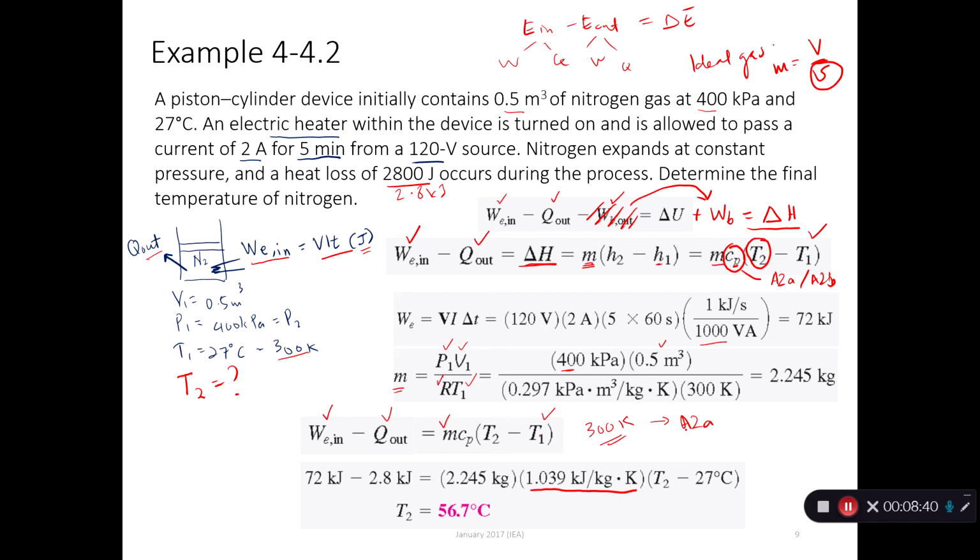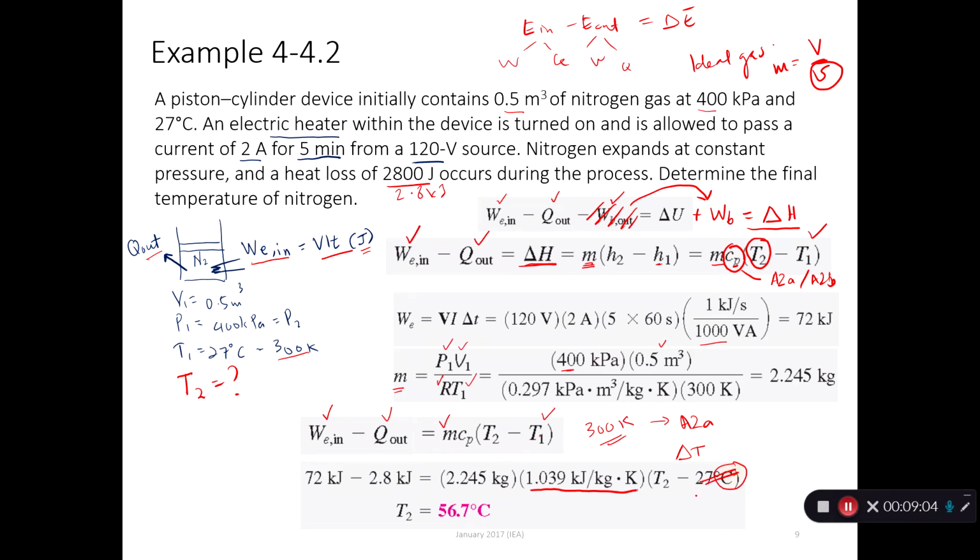That's fine. Okay, so go to A-2a, go to nitrogen gas, you will find that this is the Cp. Okay, so put all the values in. As I said, because it's delta T, no need to convert from degree C to Kelvin, but it's a good practice to convert.